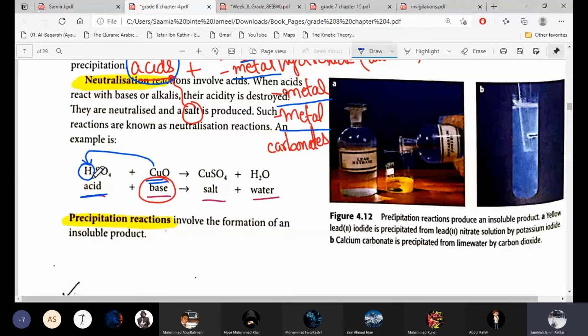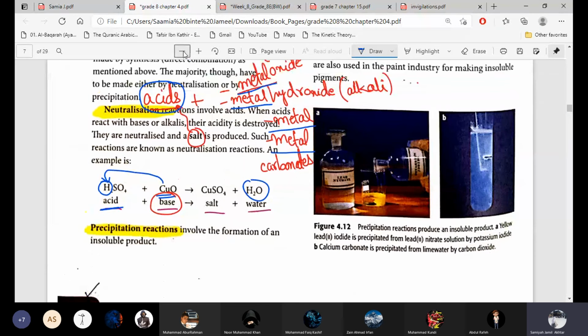So it displaces hydrogen and forms CuSO4, which is a salt, and hydrogen and oxygen will form water. So remember the condition for neutralization is that an acid and a metal should be present. The metal can be in oxide form, in hydroxide, in carbonate form, any form, or alone, but acid and metal should be there to form salt, to neutralize. Understood?